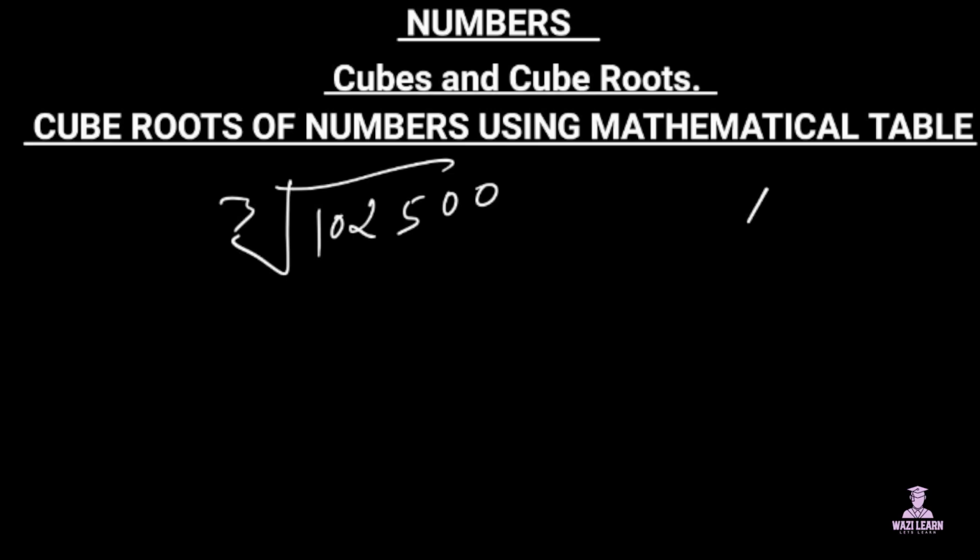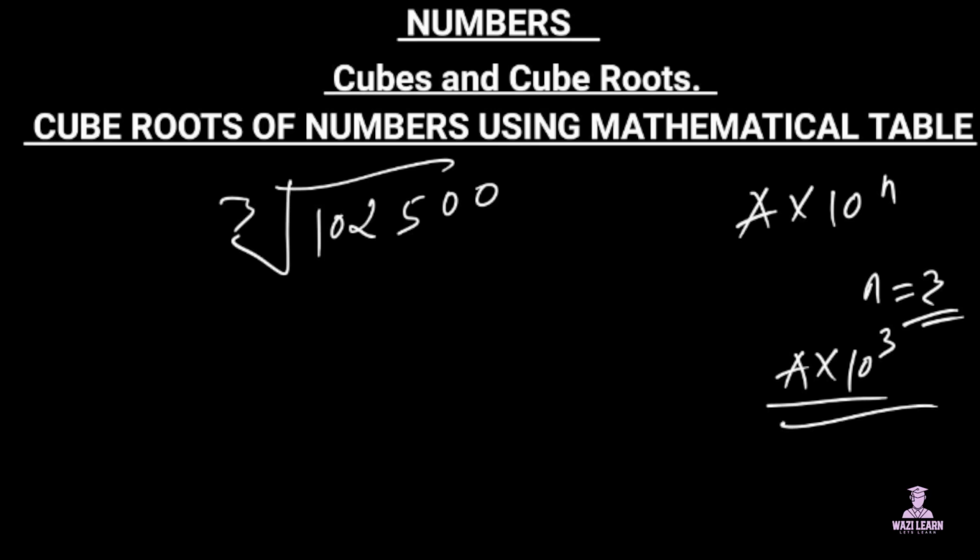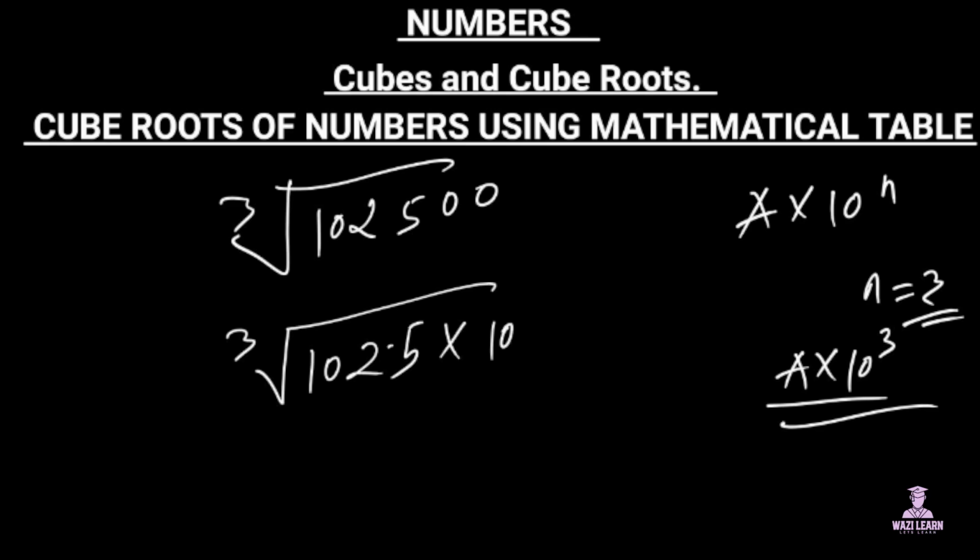So we said it is 8 times 10 raised to power n. Now this n will be 3. So it will be 8 times 10 raised to 3, like this. So let's do that. Find the cube root of 102.5 times 10 raised to power 3.